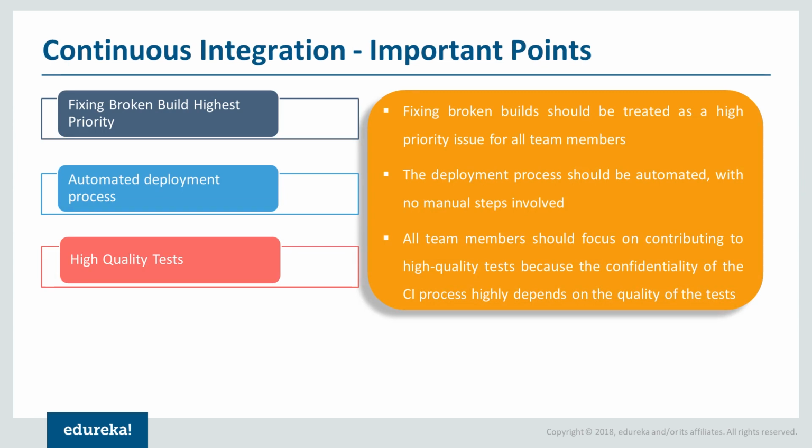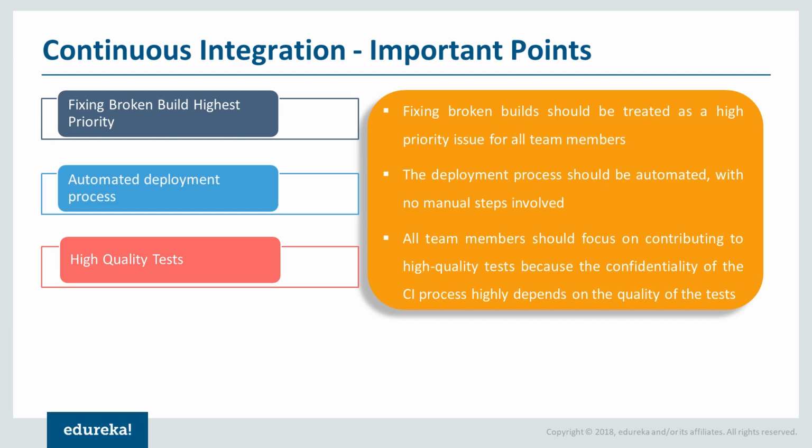Now, some of the important points to remember when we talk about continuous integration: fixing broken builds should be treated as a high priority for all the team members. This is not only a CI principle, it is one of the DevOps principles. There is no blame game anymore. Any problem is everybody's problem. It's not like it's your problem, not my problem. It doesn't work like that.